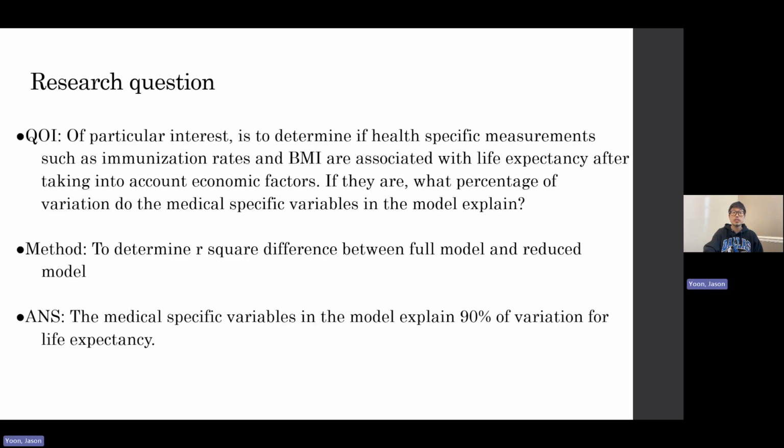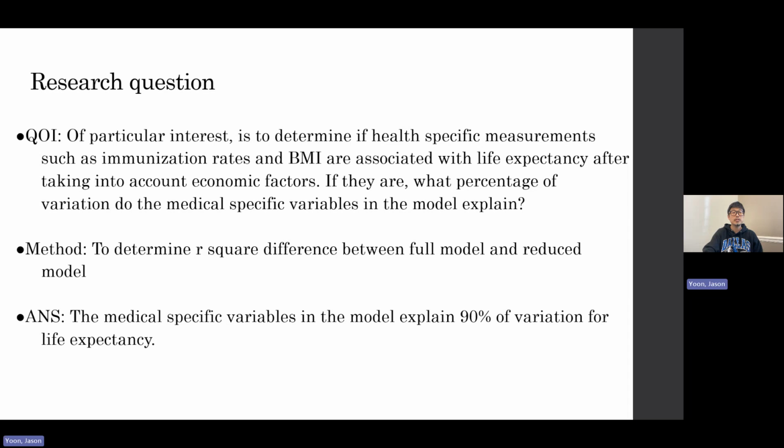The last research question is to determine if health-specific measurements such as immunization rates and BMI are associated with life expectancy after taking into account economic factors. Of course, we can include the social factors here.